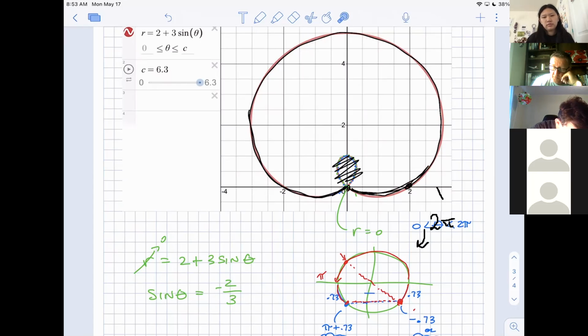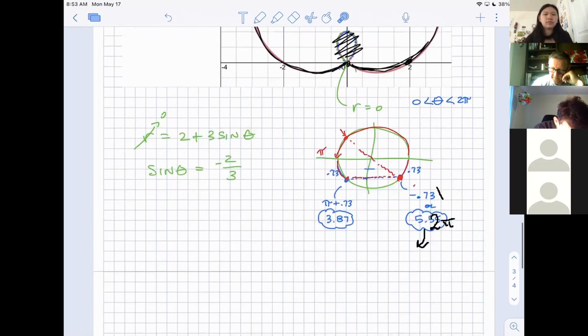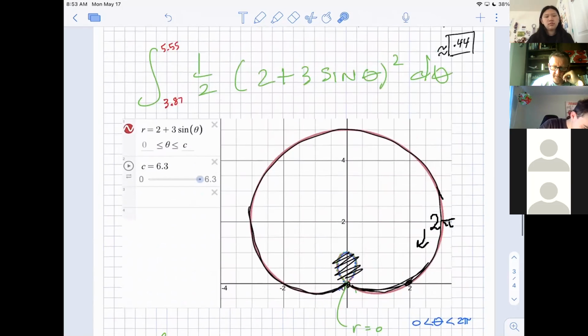No. If you want to, couldn't you think of this as the start and take off there and go all the way around, and this is the finish? So I'm going to start at angle 5.55 and go all the way around to 3.8. So wait a second, that's the same thing we just did, isn't it? Except it's like switching these two. Is that right?